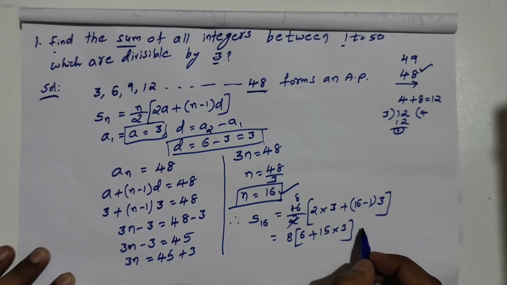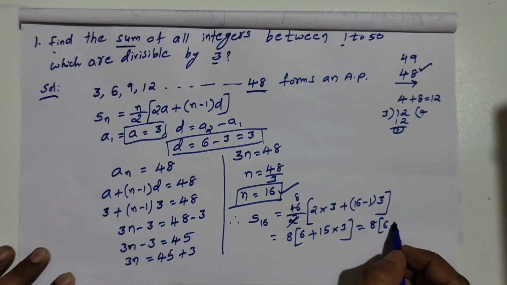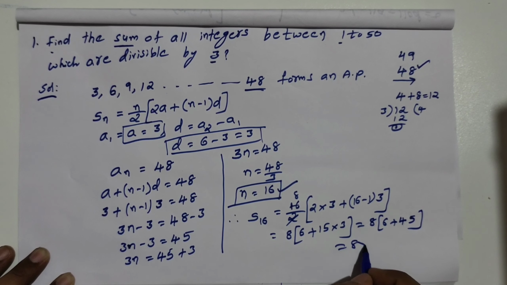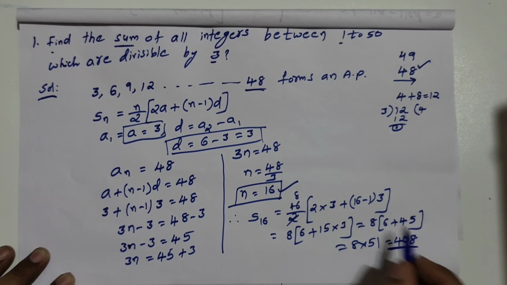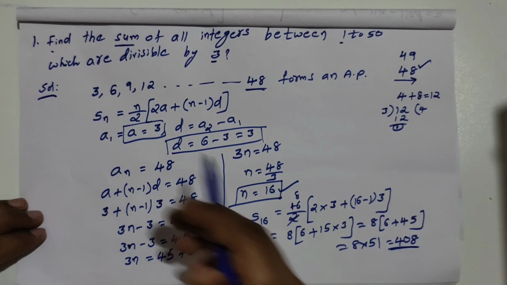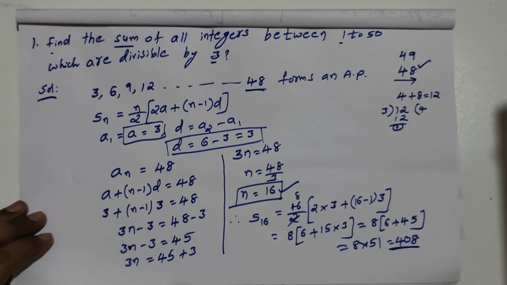Multiply these two: 15 threes are 45. Then 8 into 6 plus 45, that is 51. So the total is simply 408. So the sum of the multiples of 3 between 1 and 50 is simply 408.